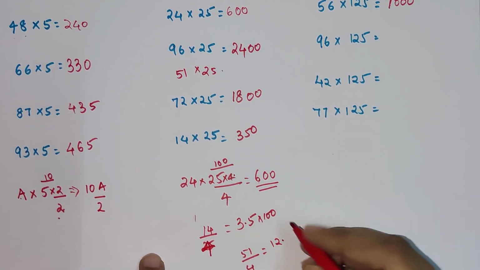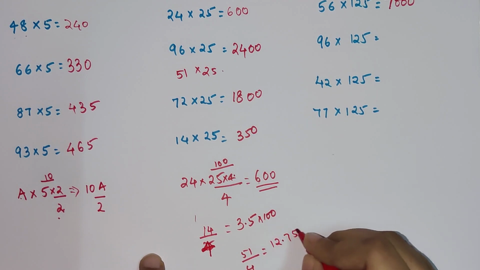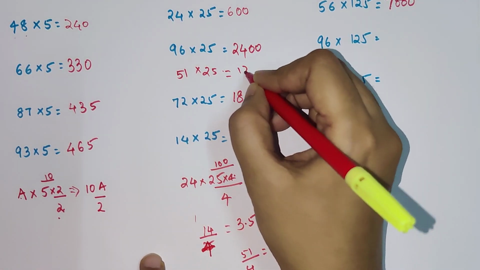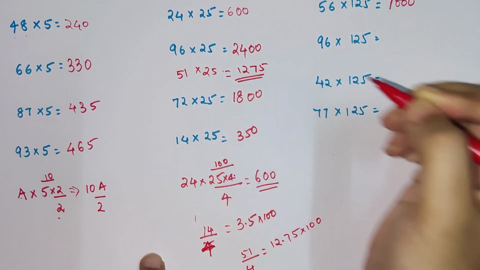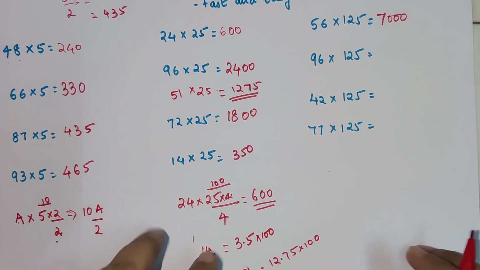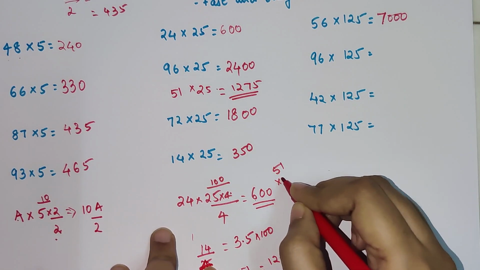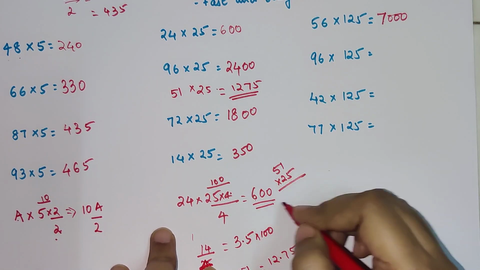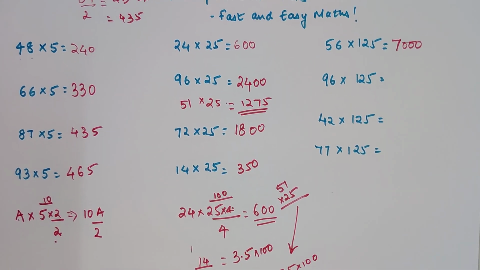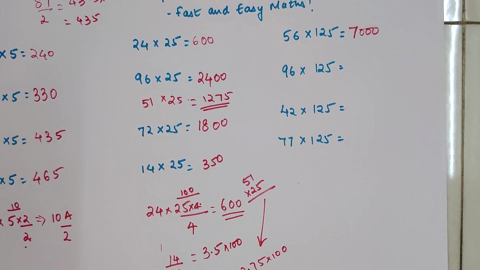So point, and then you will take 7, and then you have 5. This when multiplied by 100, you will have 1275. Trust me, this is still much easier than sitting and doing the long multiplication. That method is going to be much longer than this particular division. If you want, you can just put a clock and check.